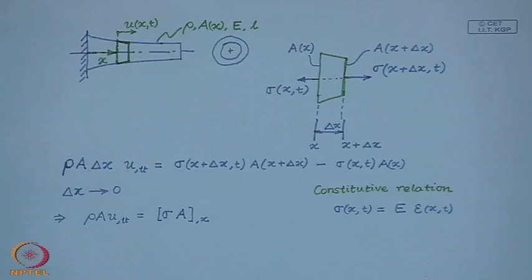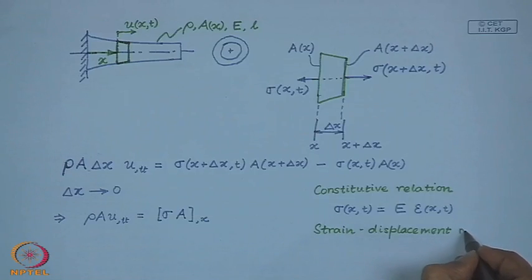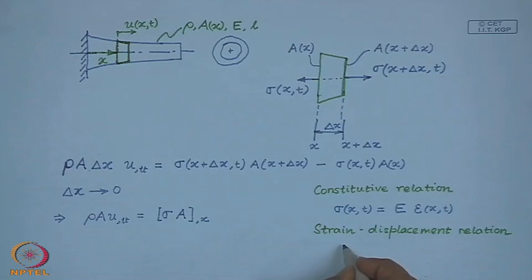Along with this, we need the strain displacement relation, which reads epsilon, the strain, is del u del x.